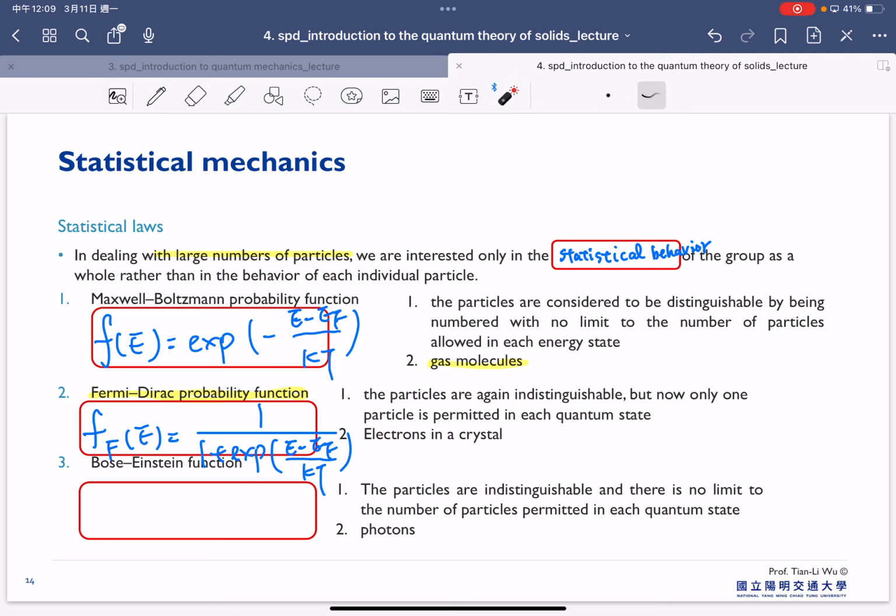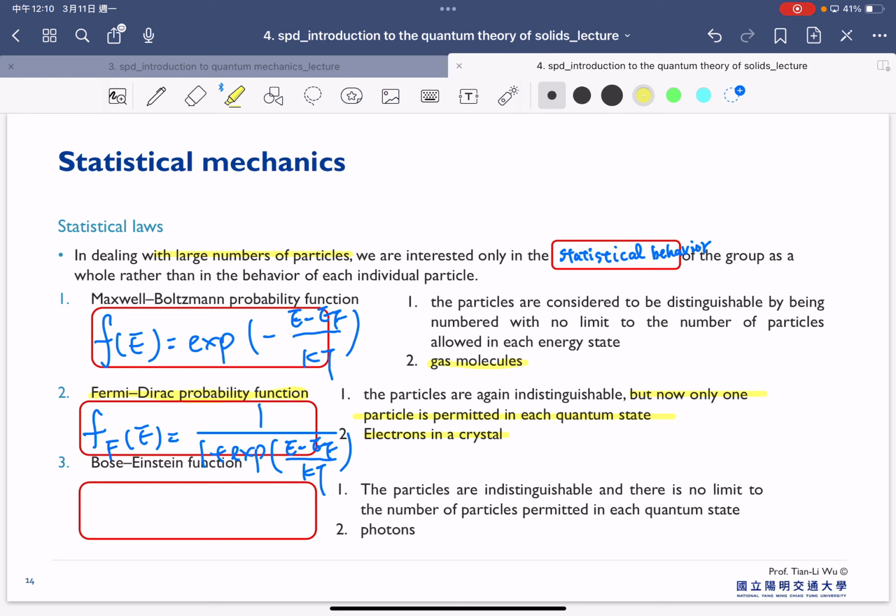The particles are again indistinguishable, but now only one particle is permitted in each quantum state. So this looks like exactly the case that we are working on. It is mainly used to describe electrons in a crystal.